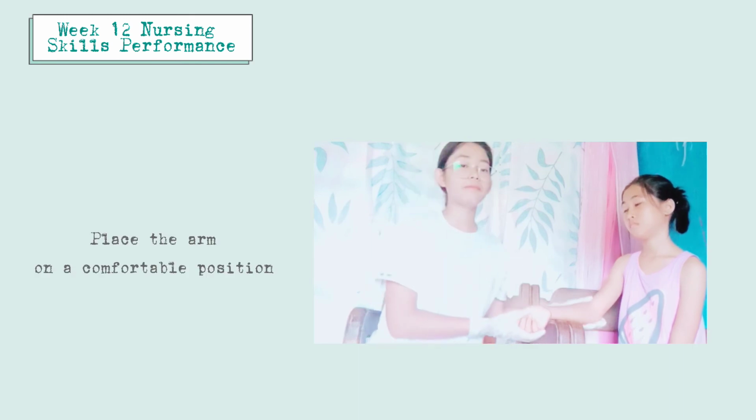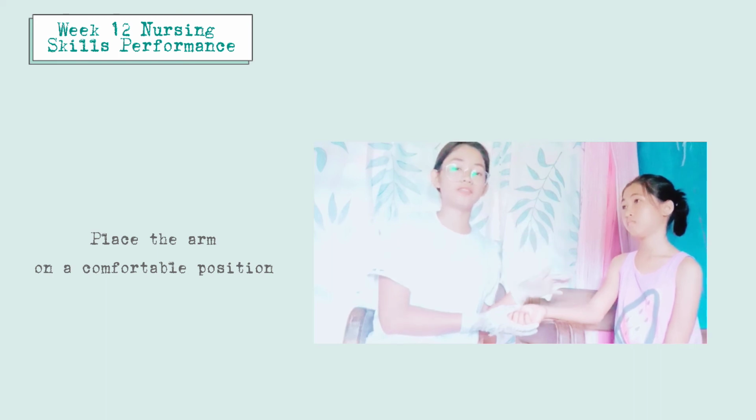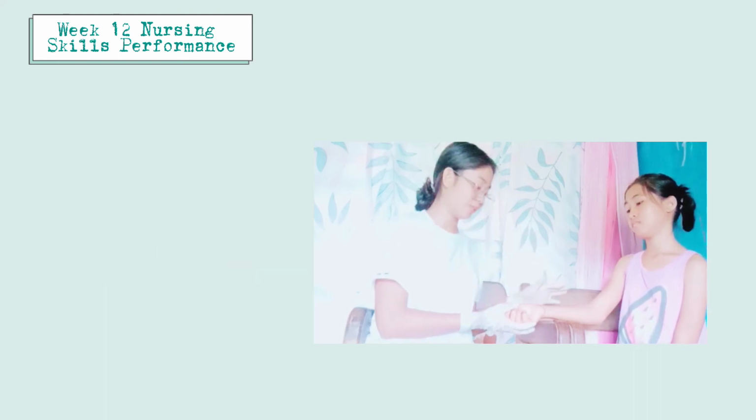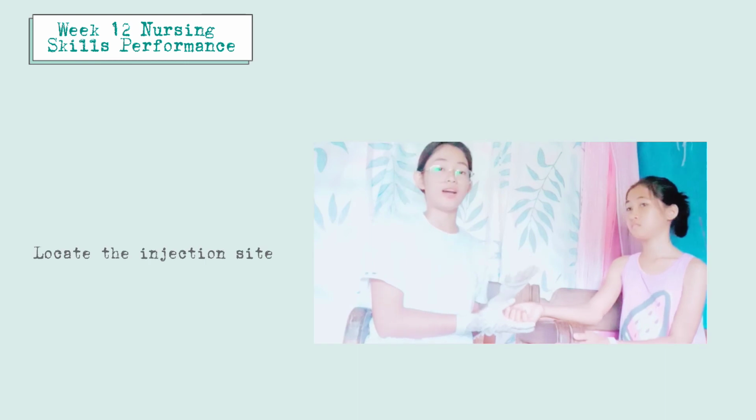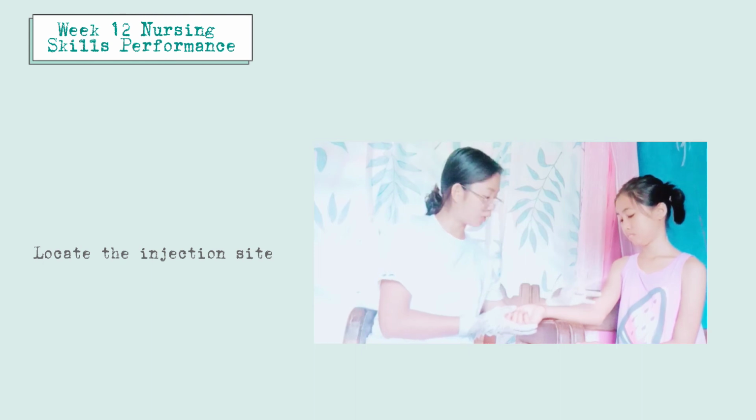And now we're ready to do the intradermal injection. Make sure to place your patient's arm in a comfortable position. Like this. And then locate the injection site. Four fingers below the AC. So 1, 2, 3, 4, and the injection site is right here.